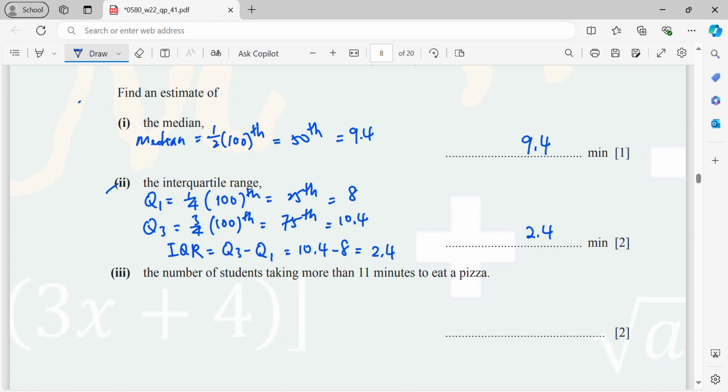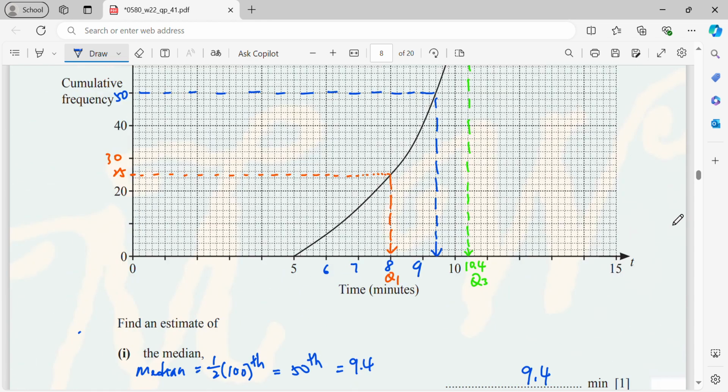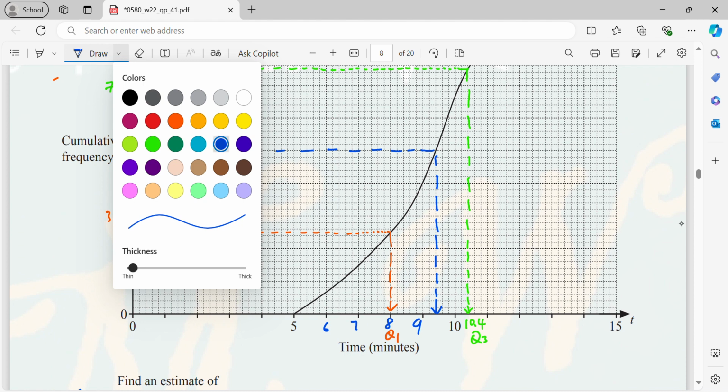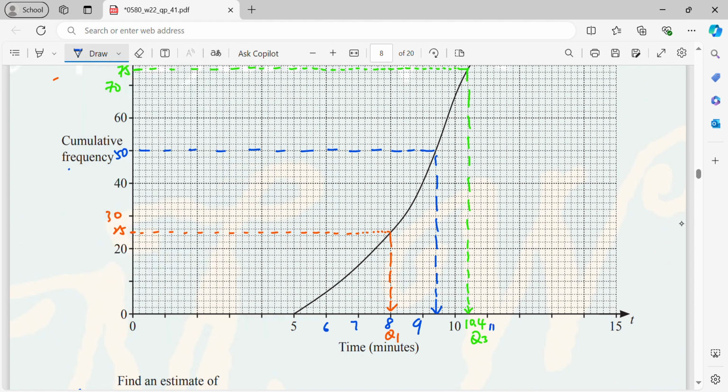Okay, now part 3. The number of students taking more than 11 minutes to eat a pizza. More than 11 minutes. So now you refer to the time. Here is going to be 11. So now you just draw the line up.